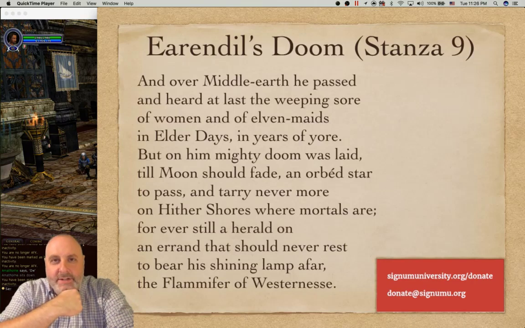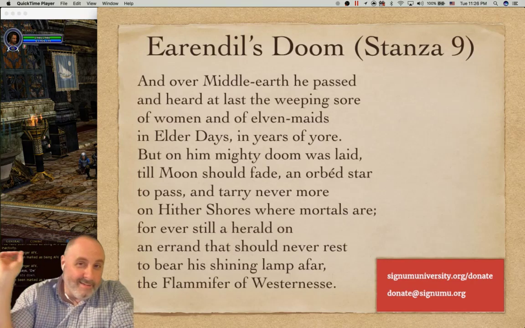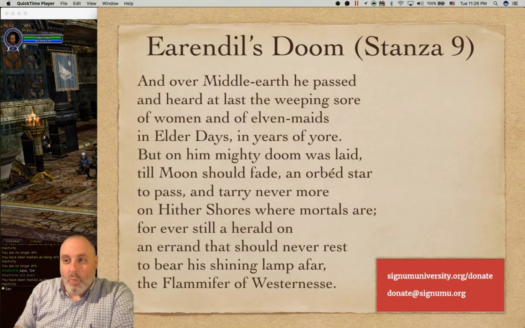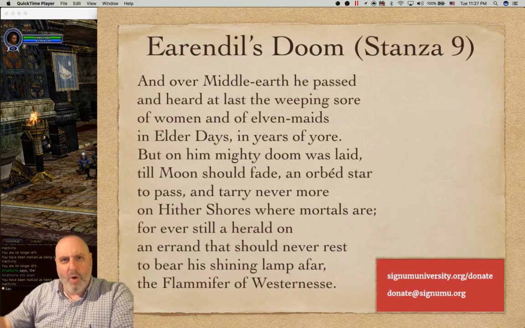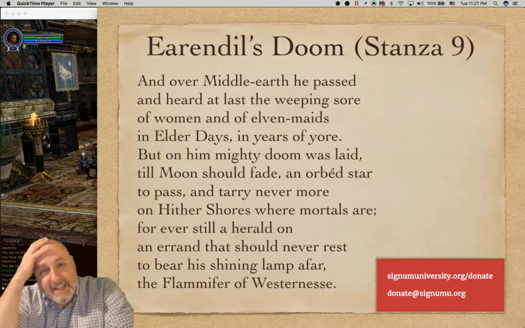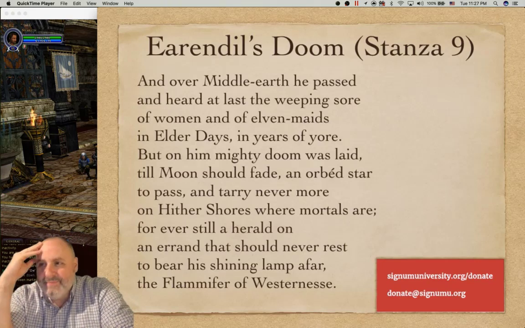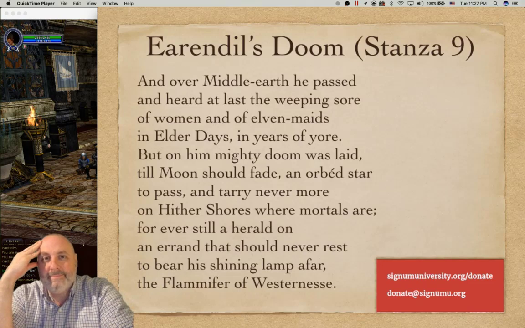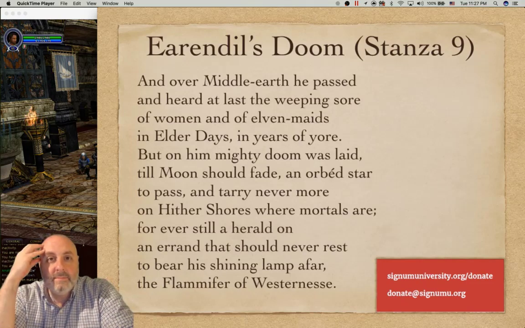He's a herald to Middle-earth. If we remember the Silmarillion stuff, we'll know that he is a herald of hope. But hang on a second. Gosh. Notice that that's also not mentioned in the poem at all. It's not about hope.